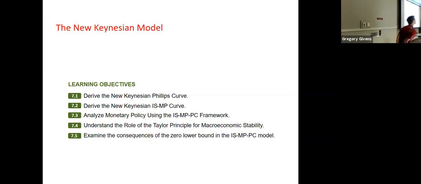Anybody? We talked about a specific policy rule that was developed several decades ago in the early 90s that was named after a famous economist, right? And we studied his particular rule. What was that rule called? The Taylor rule, right?